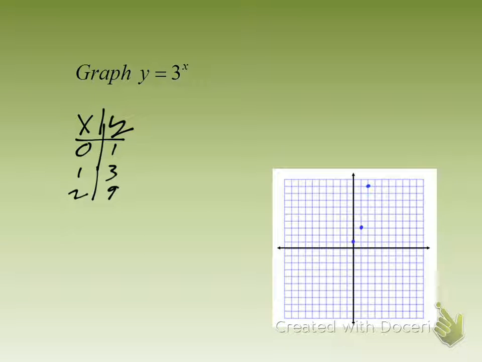If you go the other way, you'll see -1 goes with 1/3, -2 goes with 1/9, -3 goes with 1/27, -4 goes with 1/81.